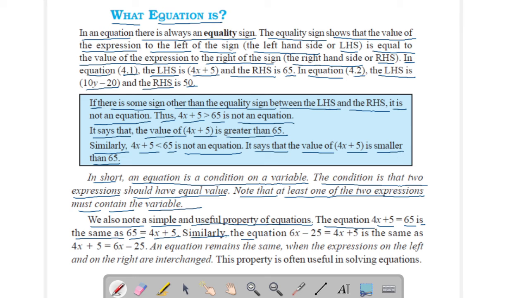Similarly, the equation 6x minus 25 equal to 4x plus 5 is the same as 4x plus 5 equal to 6x minus 25. An equation remains the same when the expressions on the left and on the right are interchanged. This property is often useful in solving equations.